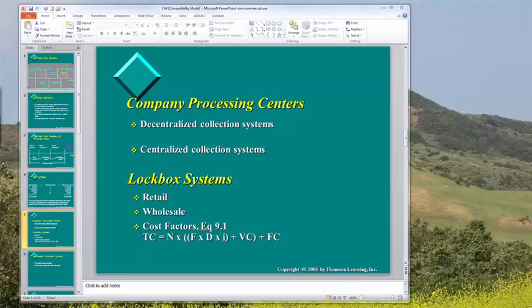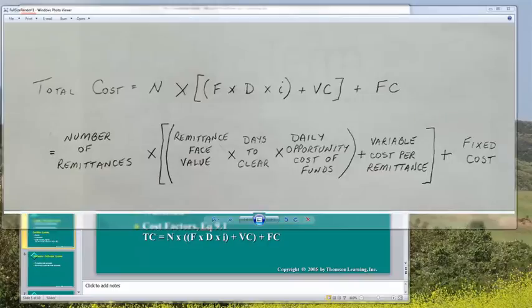And I know you like me to commit these formulas to real words, and so that's what I'm going to show to you next. Okay, here it is in plain English, and basically what we've got is some variable cost and some fixed cost. And the variable cost relates to the amount of money and how long it takes to clear, and the opportunity cost of the funds.